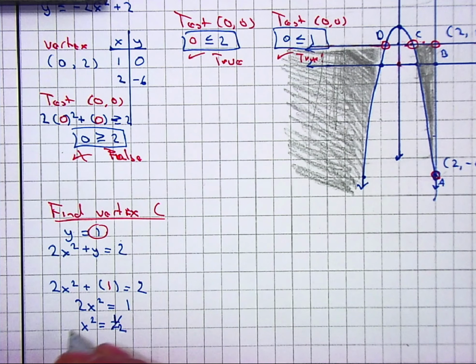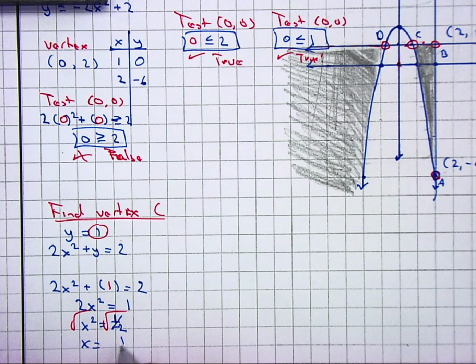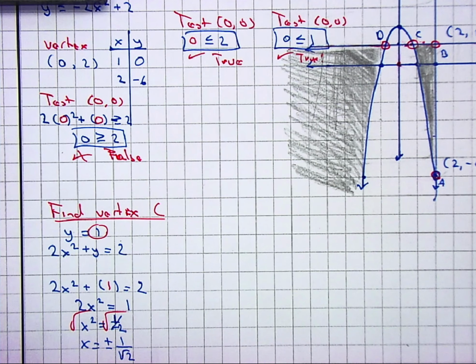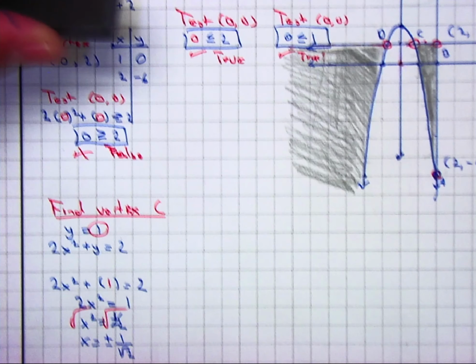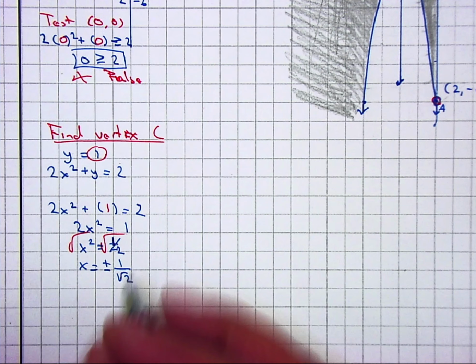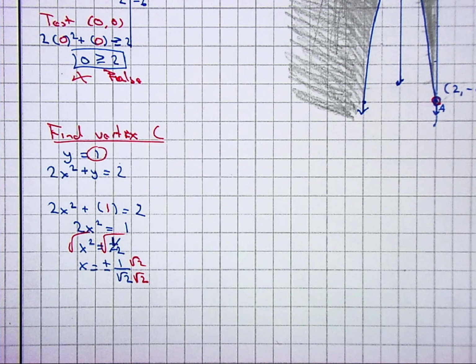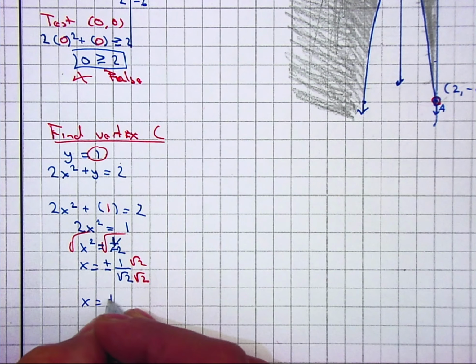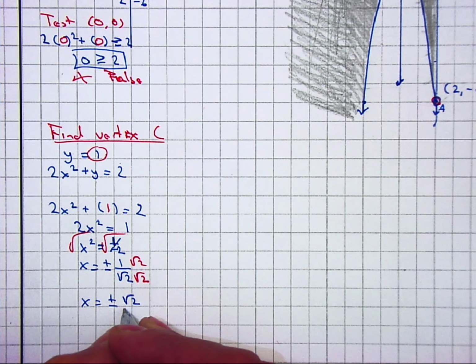Take the square root on both sides, so x equals the square root of 1 over the square root of 2, and let's not forget your plus or minus. I'm going to rationalize it. So x is equal to plus or minus square root of 2 over 2.